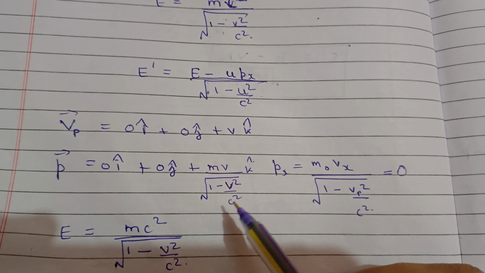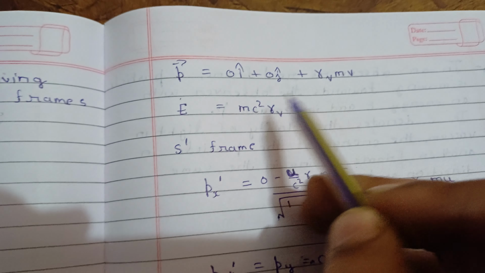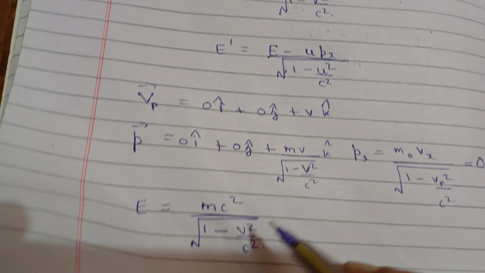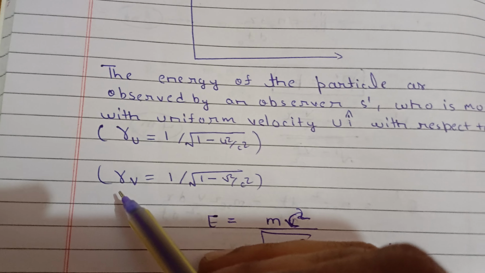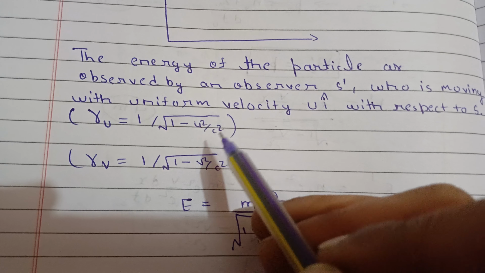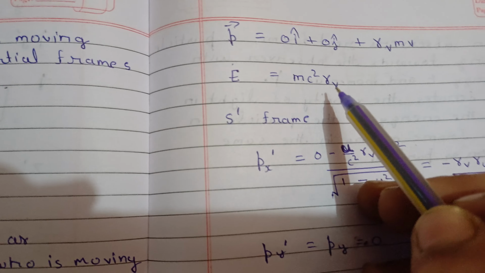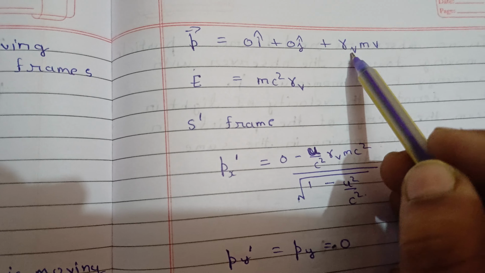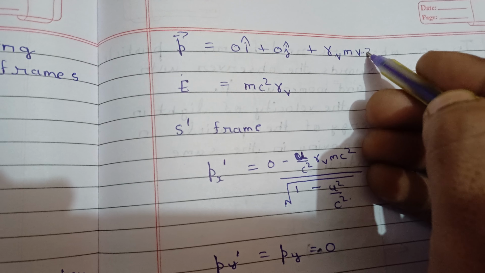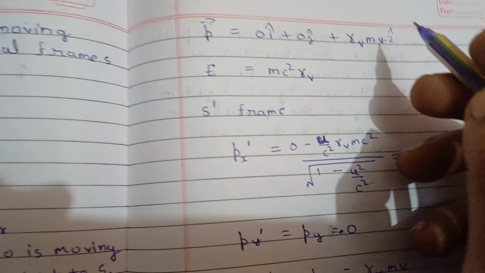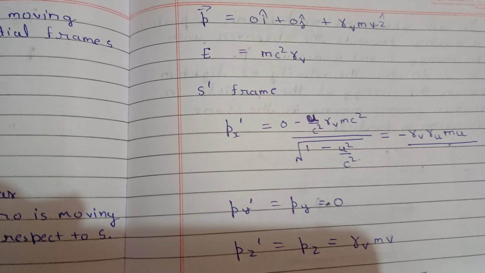So we can write pz is equal to gamma v mv. Okay, so it will turn out to be this, and energy is this. So 1 upon root 1 minus v square by c square is defined as gamma v, and gamma u is for u, and gamma v is for v. Okay, so this will be the energy, mc square gamma v, and this will be the momentum in the z direction. Okay, k cap, you can write it like k cap or z cap, that doesn't matter.